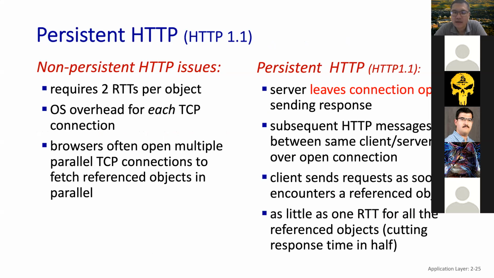Subsequent HTTP messages are sent and received between the same server and client over the open connection, until the client sends a request to close the connection. Then everything is done. This scheme guarantees one RTT for all referenced objects.